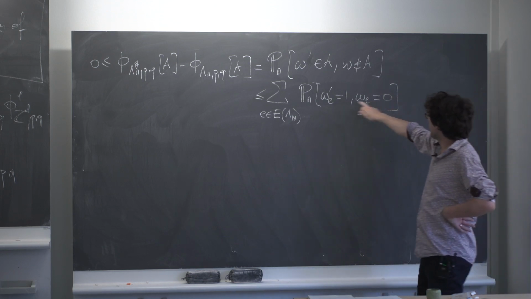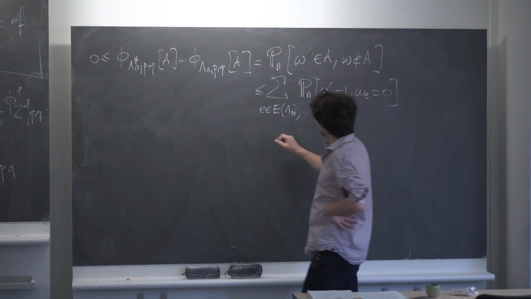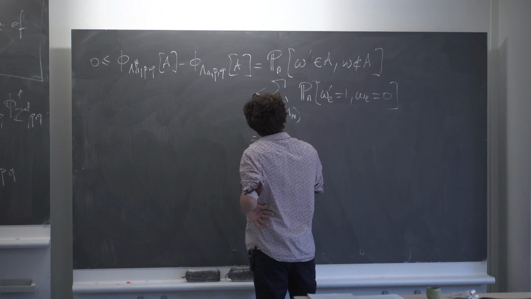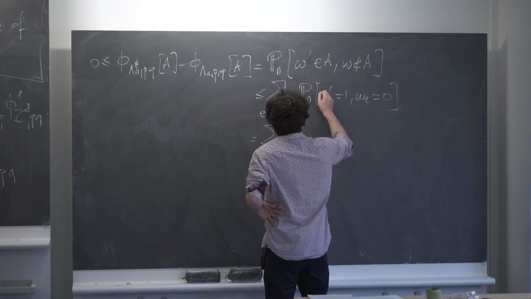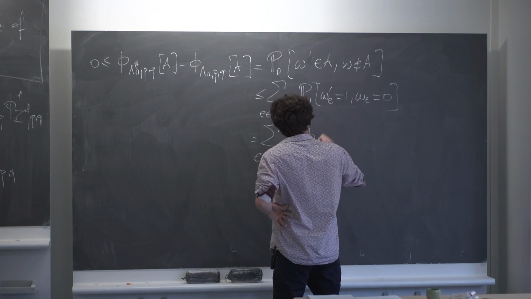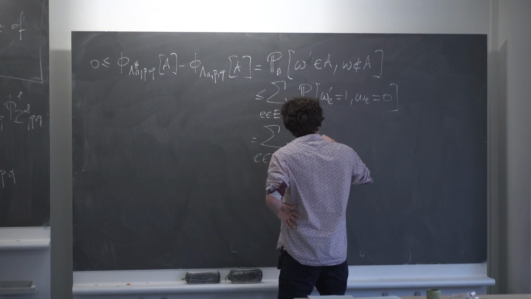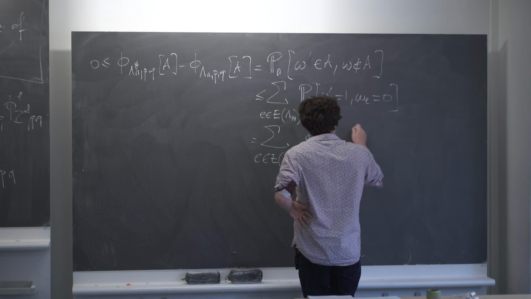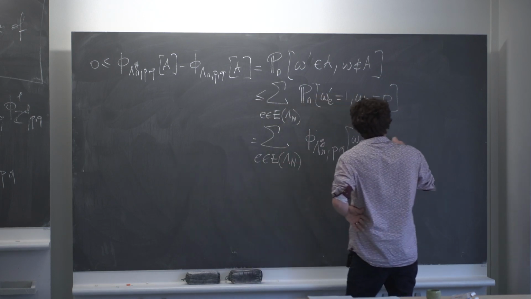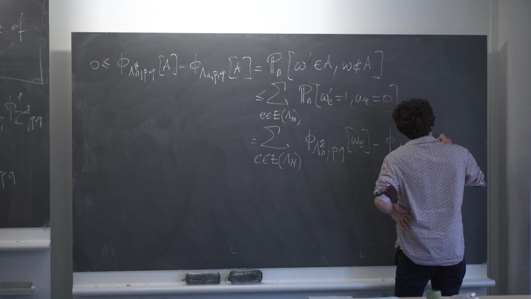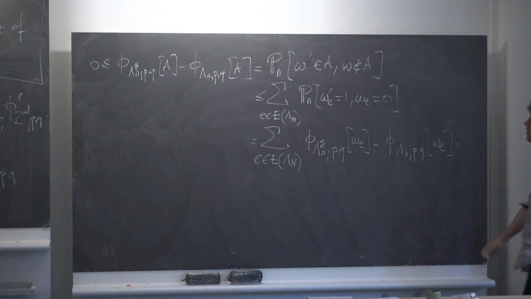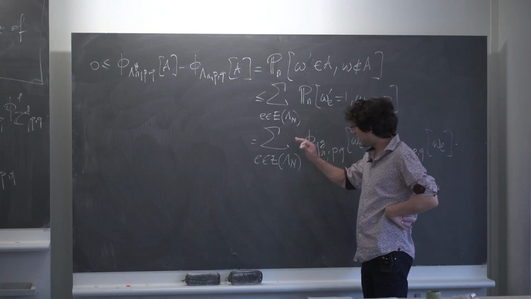But this here has a simple formula. It is phi lambda n ghost PQ of omega E minus phi lambda n PQ of omega E. Note that this sum is finite.